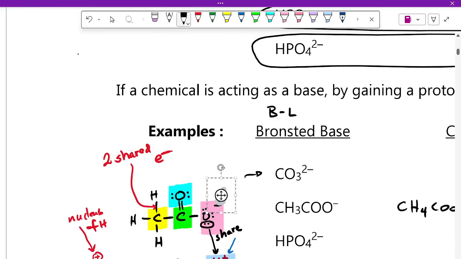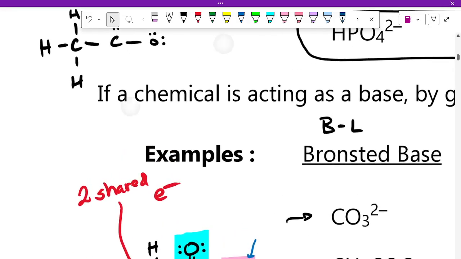We now have H, C, H, H, C, double bond O, O. Now, instead of that last pair being just oxygens alone, it's going to be bonded to a hydrogen.